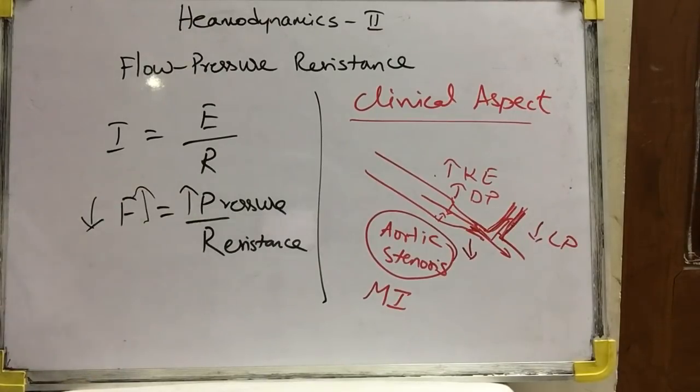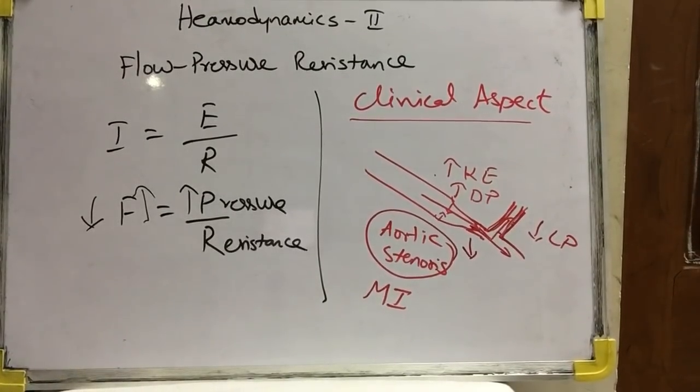So if the lateral pressure is decreasing, the coronary artery will receive less blood supply. If the coronary artery is receiving less blood supply, then the myocardium will result in ischemic necrosis or ischemia, that means it is getting less blood supply. That is why myocardial infarction is more common in aortic stenosis.